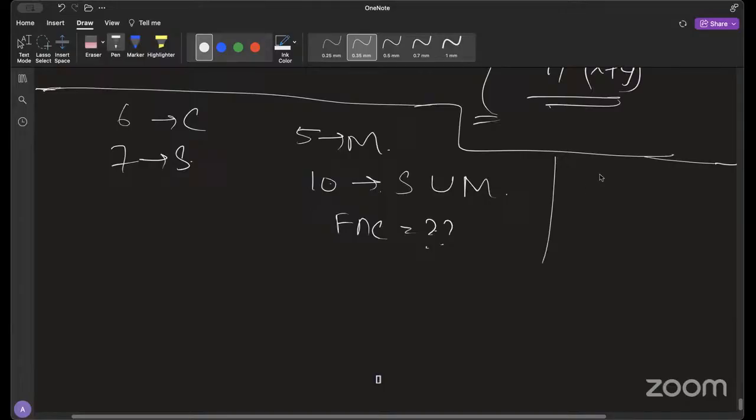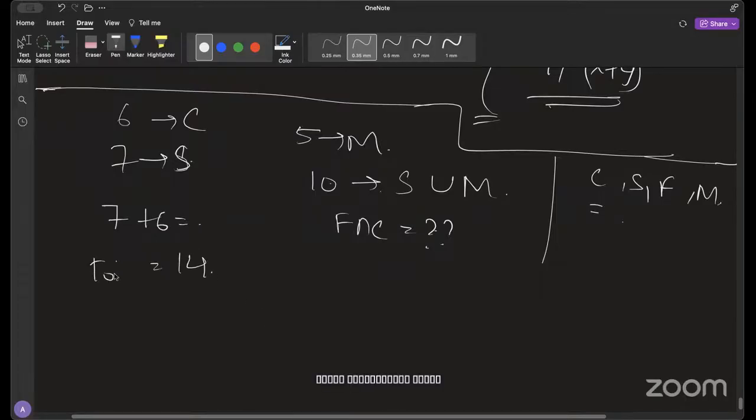We have 4 sets: C, S, F, and M. Your 6 plus 7 is the total number of students, so the total is 13.